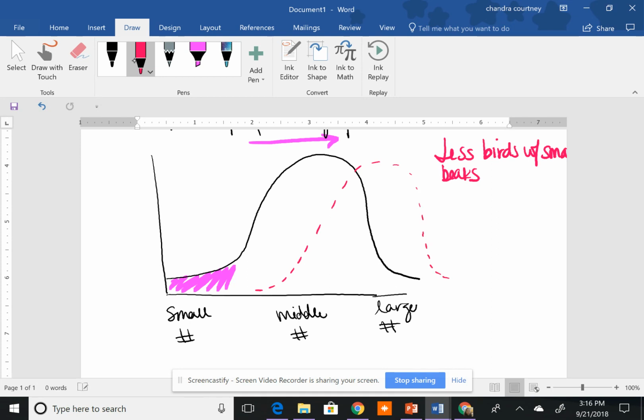All this is showing me is that my population has shifted in terms of where my frequencies fall. I now have almost no birds with small beaks, and I have way more birds with large beaks. That's why it's called directional selection, because I've changed the direction of my frequency.